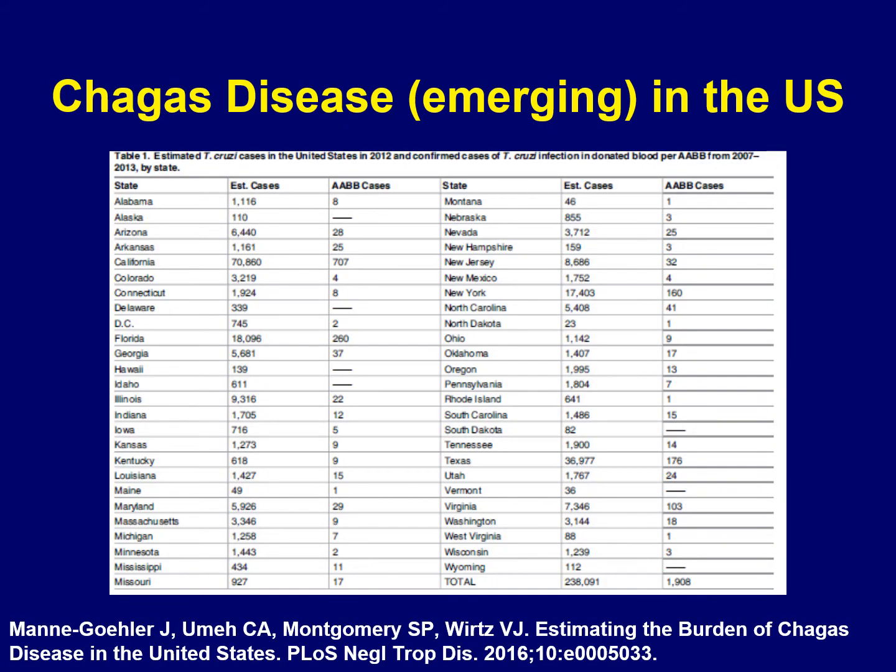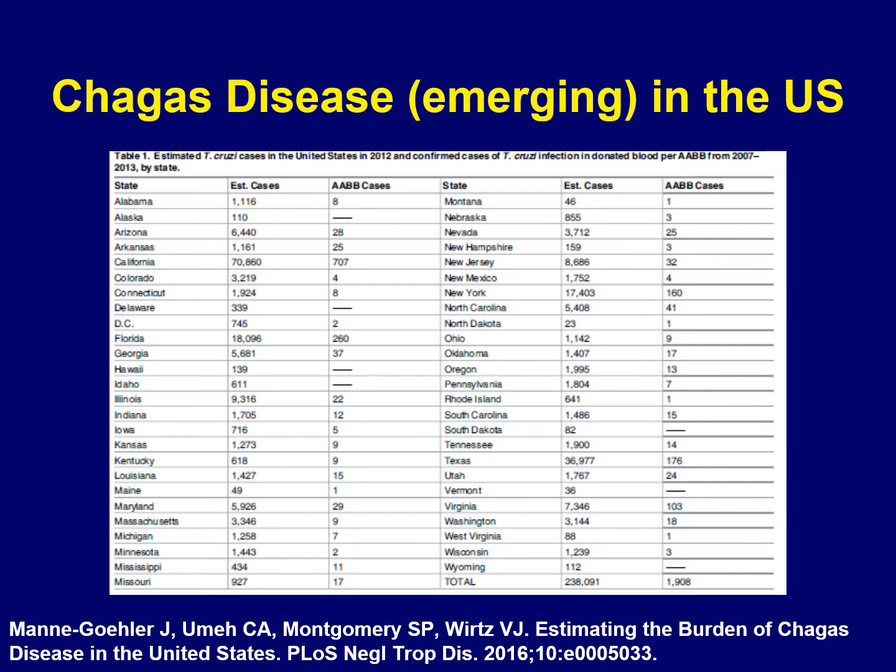So why is Chagas disease an emerging infectious disease in the U.S.? You can see here a table showing estimated cases in the United States and confirmed cases in donated blood. A lot of people have actually been diagnosed with Chagas disease. They try to give blood, and since we screen for Chagas disease, they're identified as cases. I think this analysis took into consideration other factors like immigration rates from different countries.